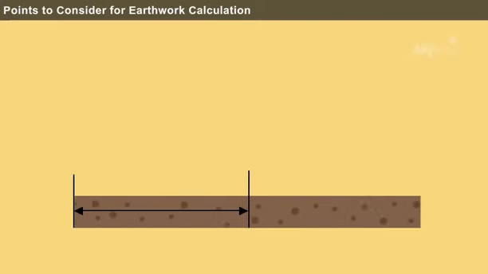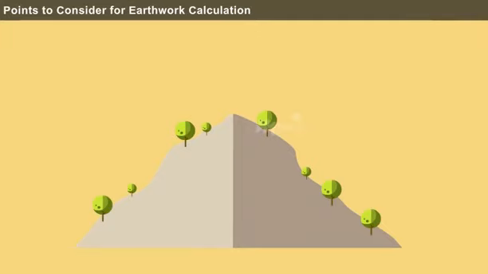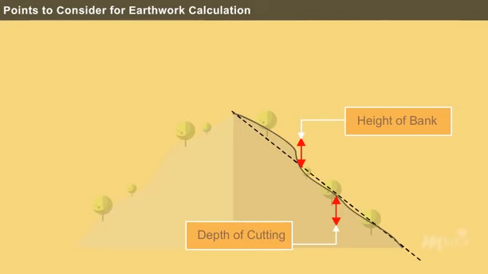In a hilly country, roads are in both the banking and cutting. The excavated earth from the cutting is used for banking purposes within the economic limits. Using the longitudinal section and formation line, the height of the bank and depth of the cutting is calculated. This difference in the road level of the ground and formation line gives the height and depth of the excavation.